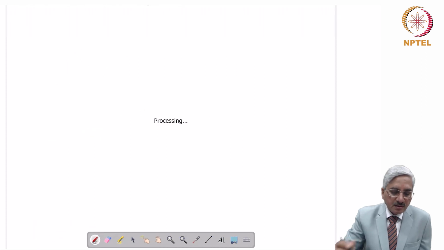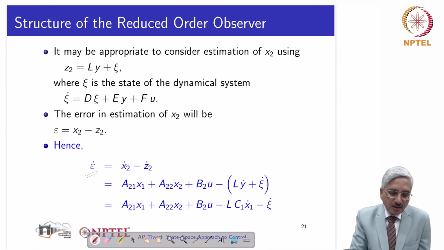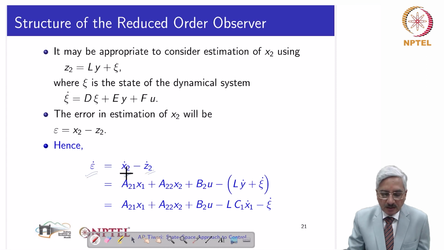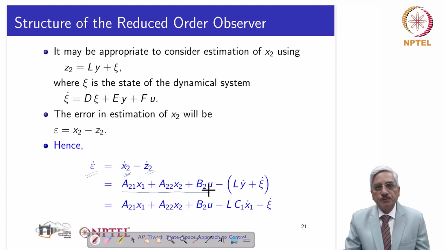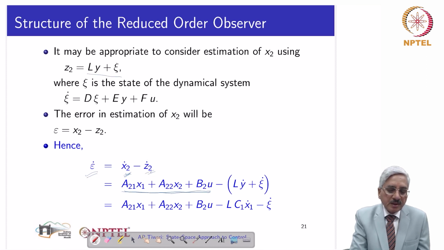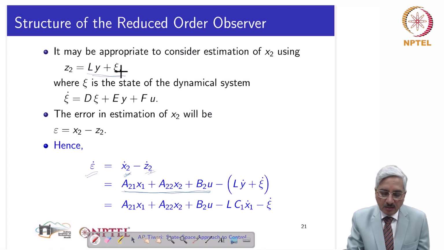So we differentiate it, and by differentiating we get x2 dot minus z2 dot. Now x2 dot, please recall a little while back, was denoted by A21 x1 plus A22 x2 plus B2 times u. So we substitute that in place of x2 dot, and z2 is Ly plus xi. So z2 dot will be Ly dot plus xi dot.